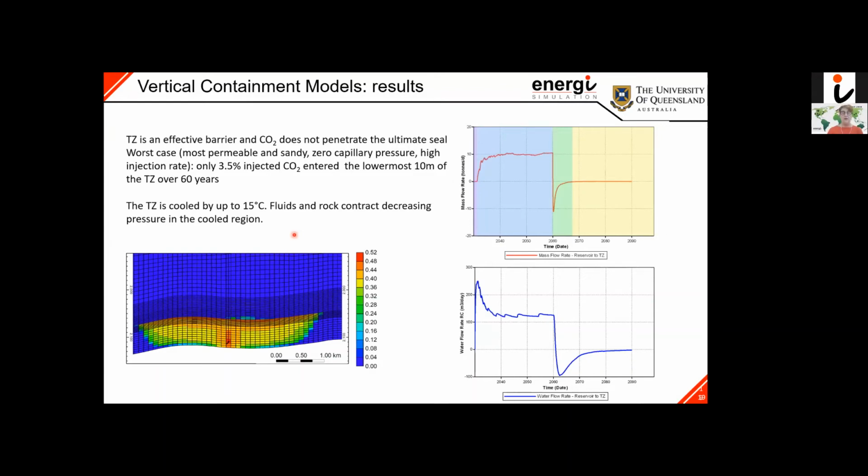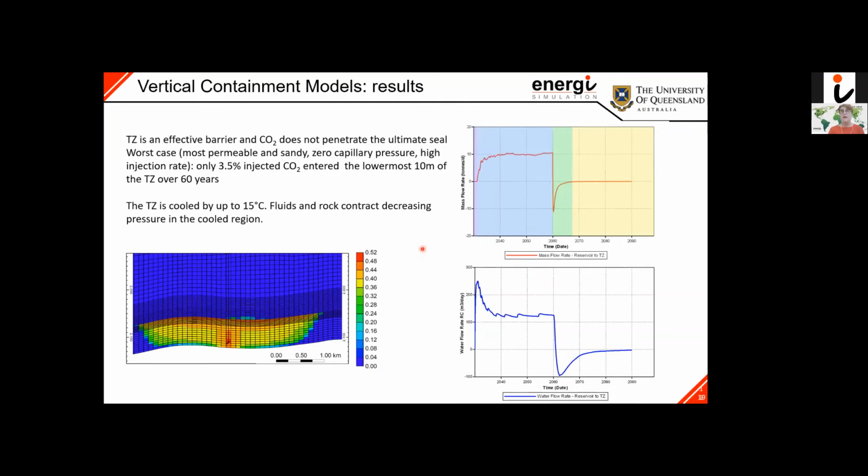And on the right, you see on the top and the bottom, the mass of CO2 injected over time and the water flow over time into that transition zone. So overall, CO2 entered just the lowermost 10 meters of the transition zone.